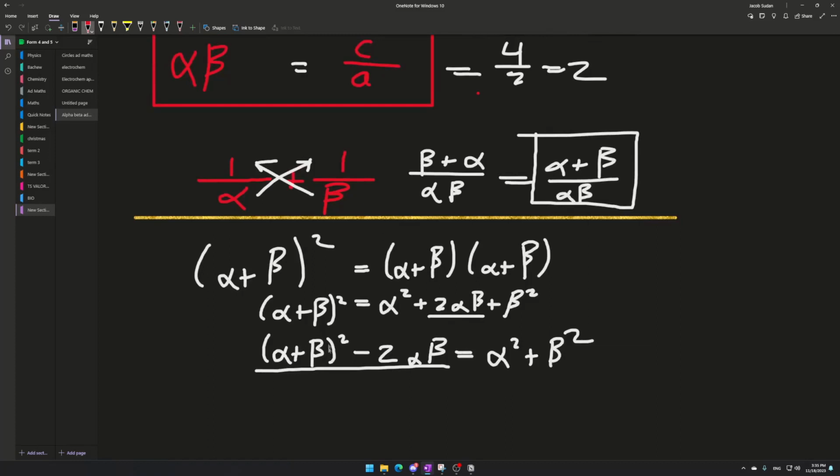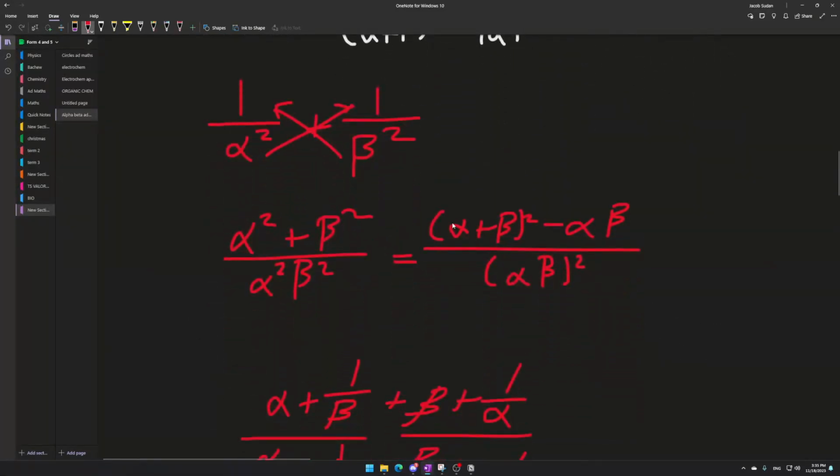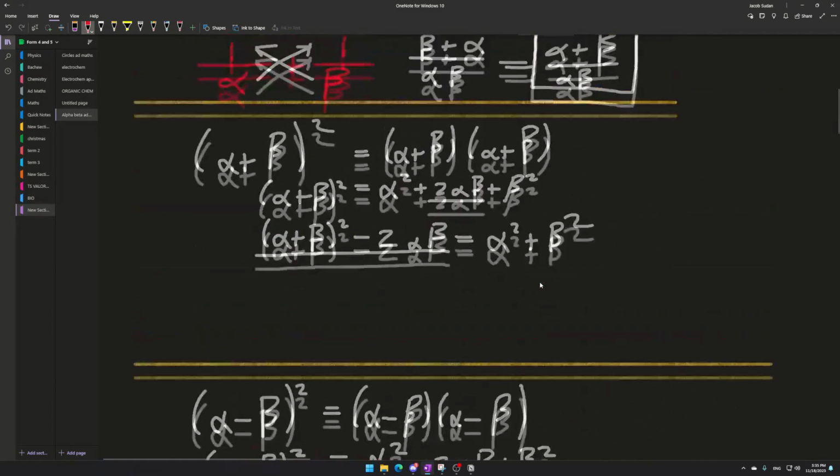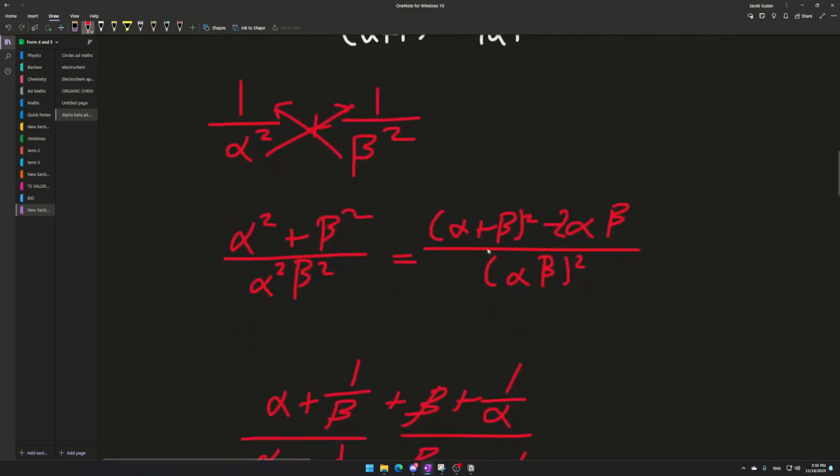We have alpha plus beta squared minus 2 alpha beta is equal to alpha squared plus beta squared, and we put that in. We get alpha plus beta squared minus 2 alpha beta, my bad, over alpha beta squared. Alpha squared beta squared is alpha beta squared.